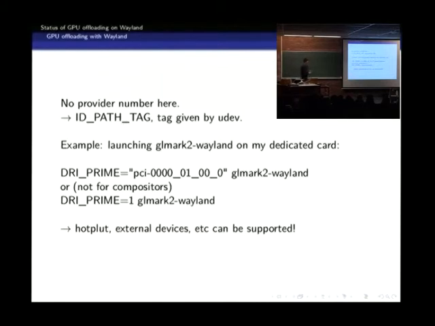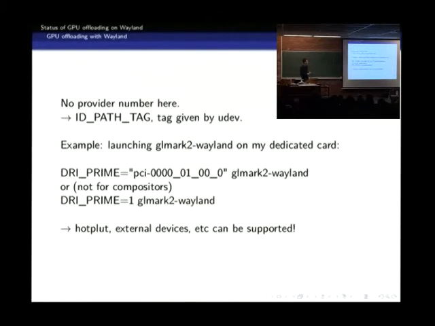But remember, for X DRI2, we had a way to specify which device we wanted to use. We had a provider number, which was mostly constant because it was 0 for the one displaying and 1 for the other card. So here we have to find something else. The device path of the device is not constant across reboots or across updates because it depends on the speed of the boot of the driver.